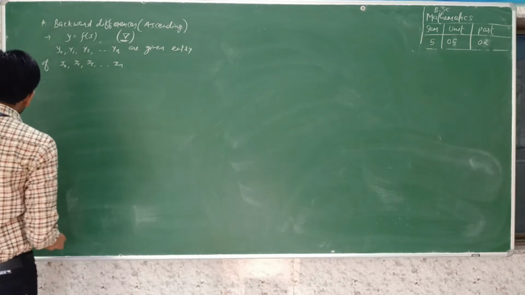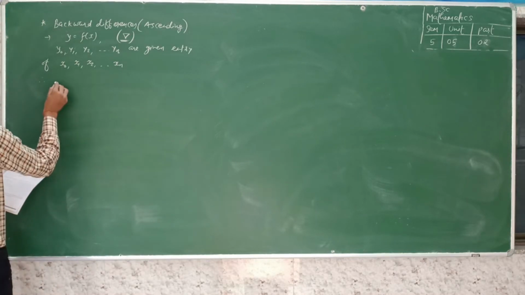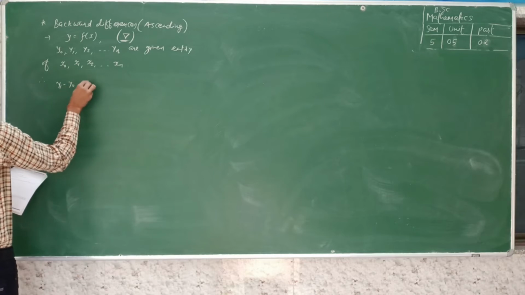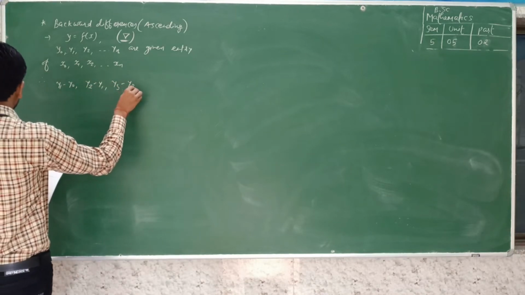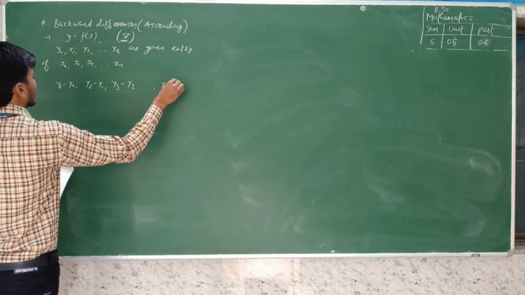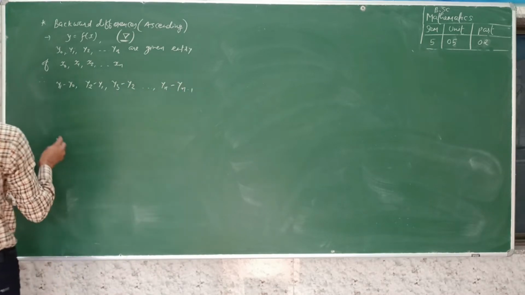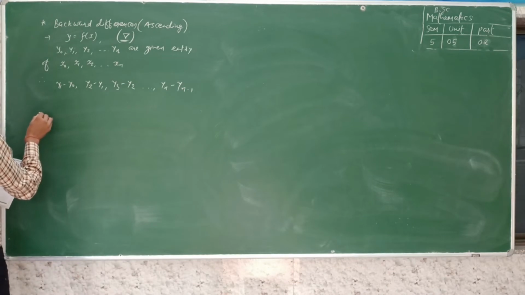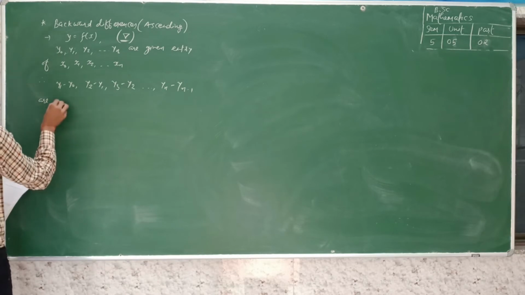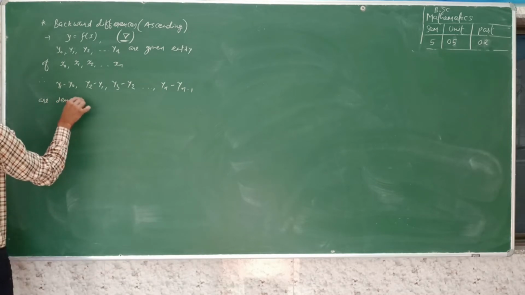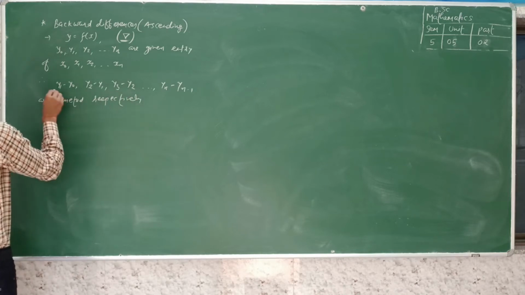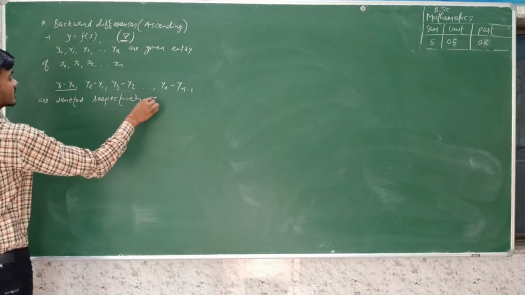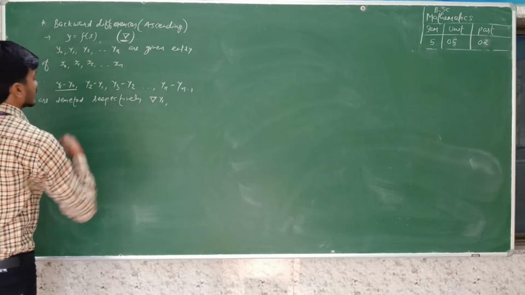Here the first differences y1 minus y0, y2 minus y1, y3 minus y2, up to yn minus yn minus 1 are denoted respectively. Suppose y1 minus y0, that means nabla y1.